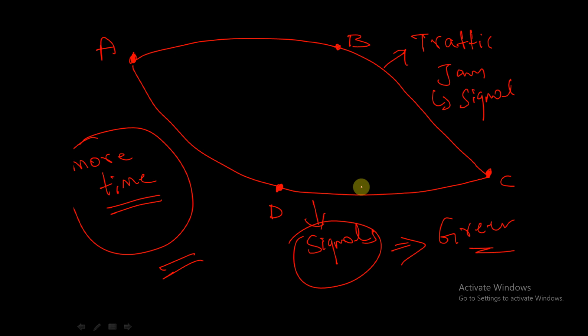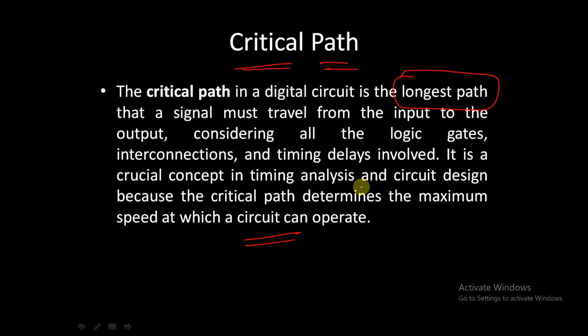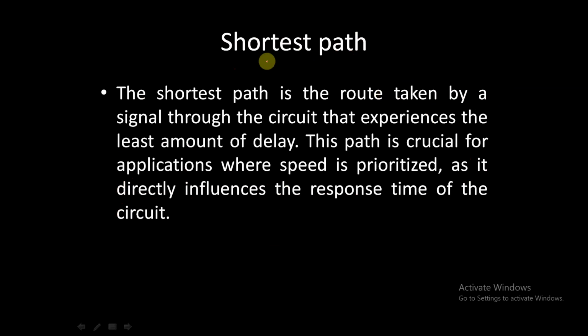Yes. So this is what we are going to do. We are going to find the critical path, which is the longest path, and the shortest path. The shortest path is the route taken by a signal through the circuit that experiences the least amount of delay. Remember this term: experiencing the least amount of delay is called the shortest path.